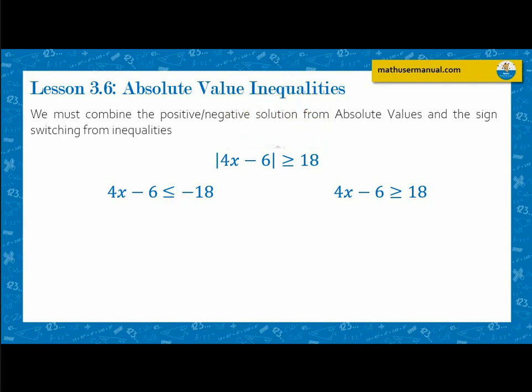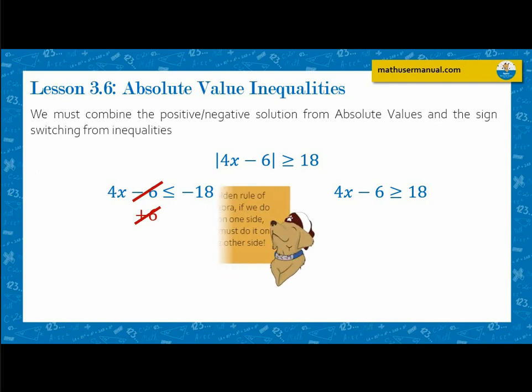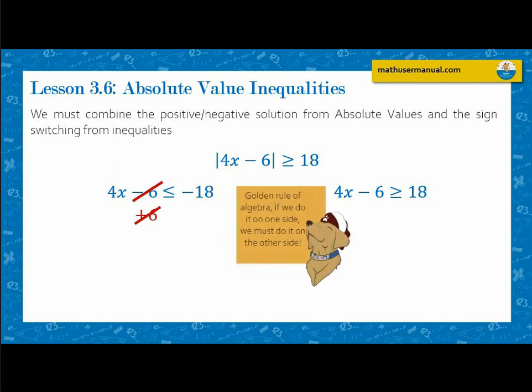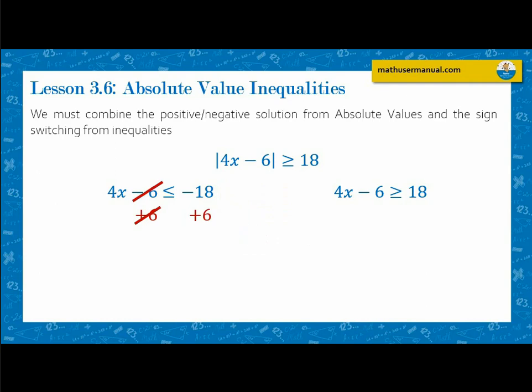Let's start with the inequality on the left. 4x minus 6 is lesser or equal than negative 18. This is a two-step inequality. The inverse operation of a negative 6 is a positive 6, and they cancel. And even in these complex situations, the golden rule of algebra still applies. If we add plus 6 on the left side, we have to add plus 6 on the right side.